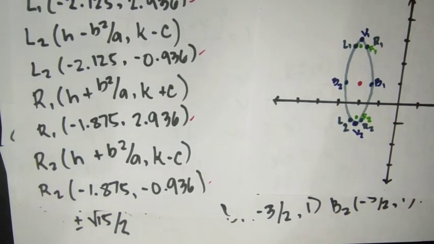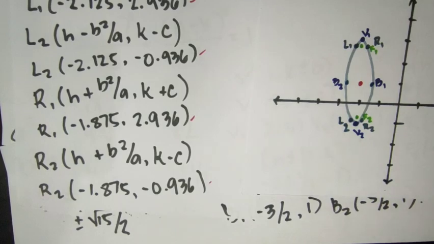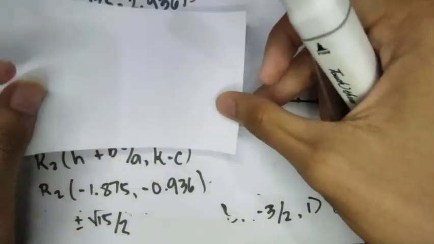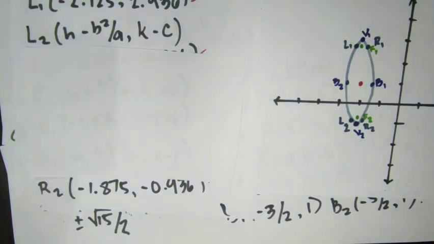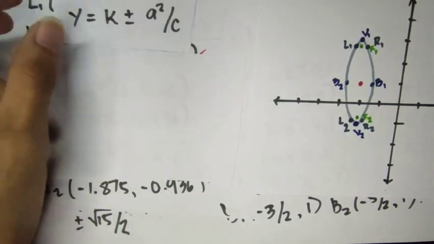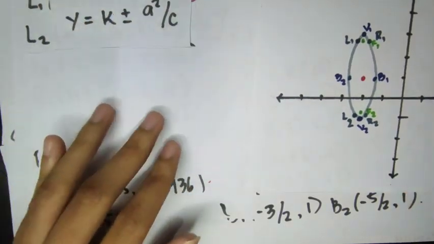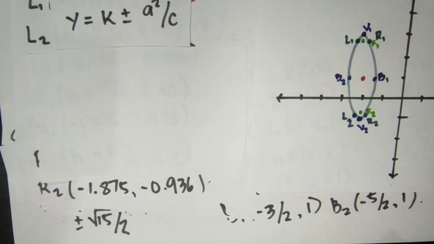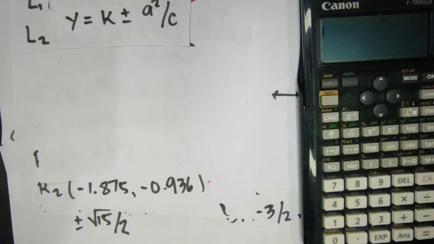So after finding the latus rectum of the ellipse, we'll now find the directrix of this ellipse, which we can get by this formula. y is equal to k plus minus a squared over c, where k is positive 1, a squared is 4, and c is square root of 15 over 2.